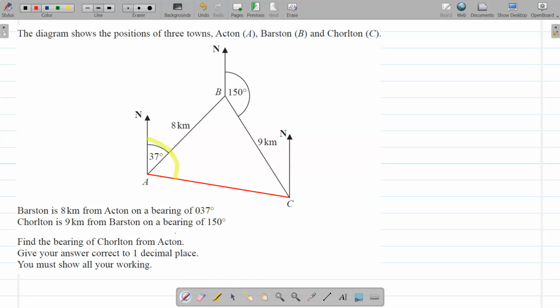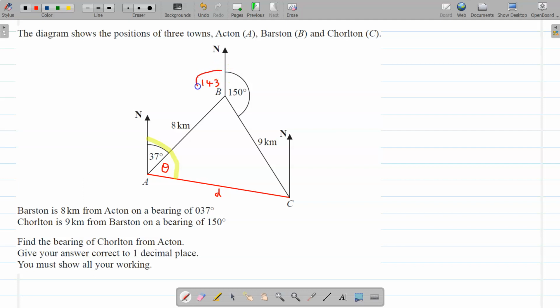Now I'm going to call this little bit in here theta, to give it a name, an unknown angle. And I'm going to call this length across here d for distance. Now, the reason I'm doing that is because I'll show you how we can work this out. So I'm going to put some extra numbers in here. These two are parallel lines, 37 and 143, because those angles are what we call co-interior.